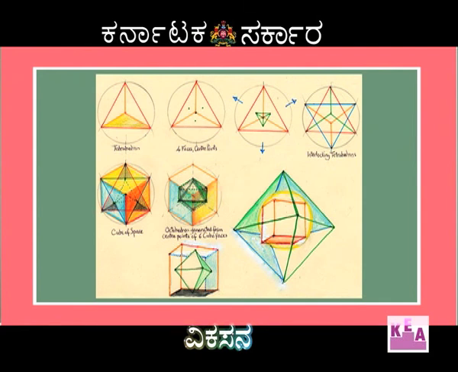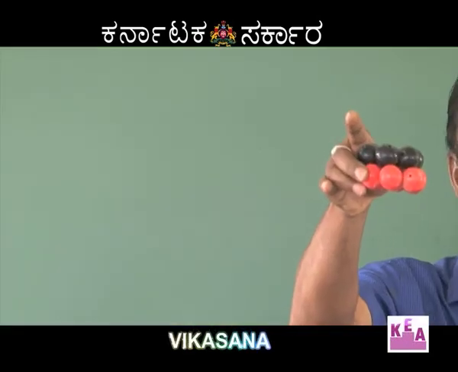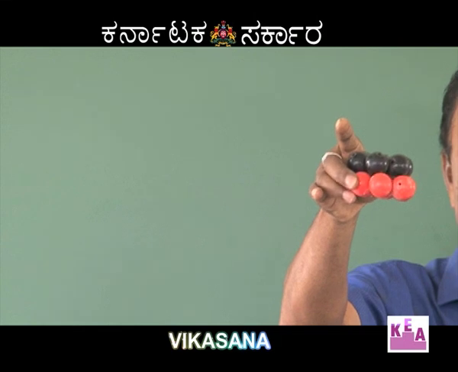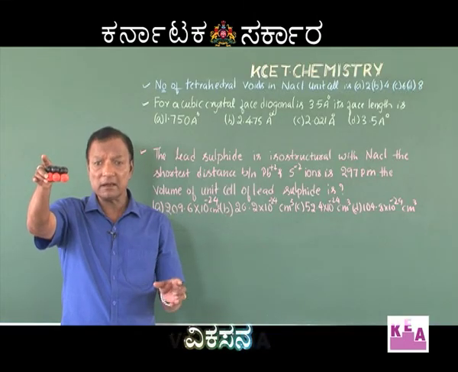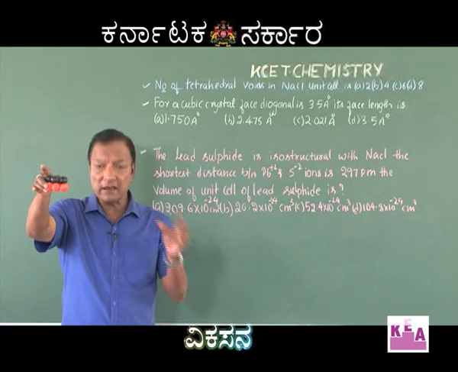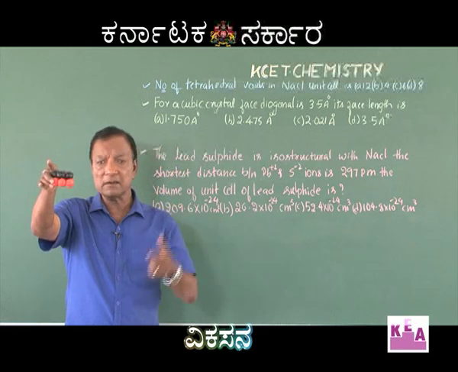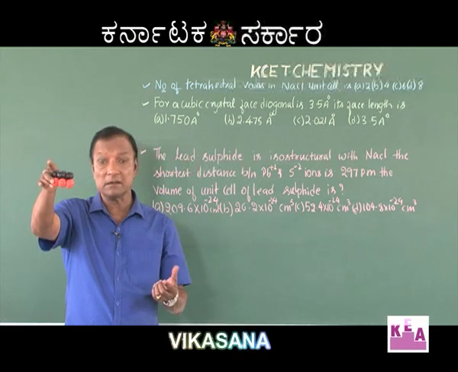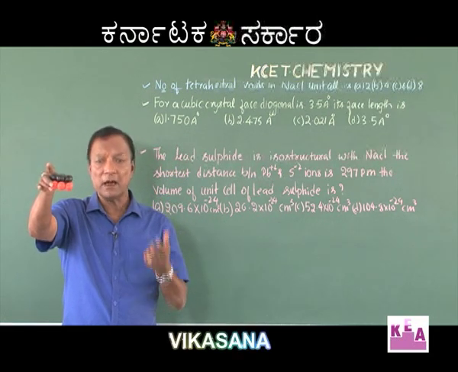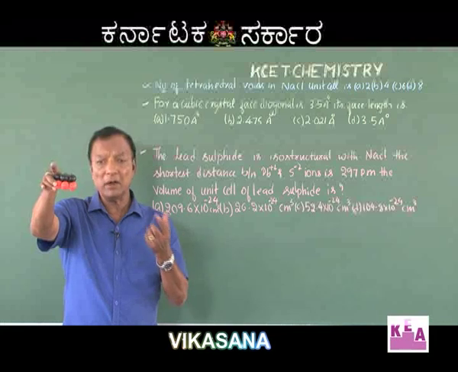How are they produced? Now look, suppose it is one layer of spheres. When another layer is to be placed above the first, in order to build the 3-dimensional structure, the layers of spheres are to be placed one above another.